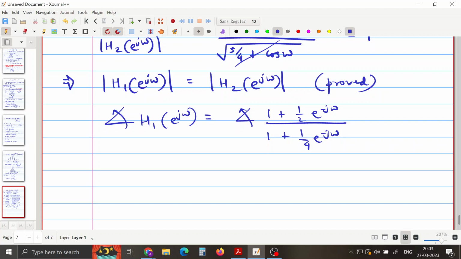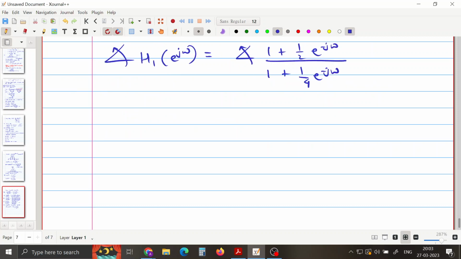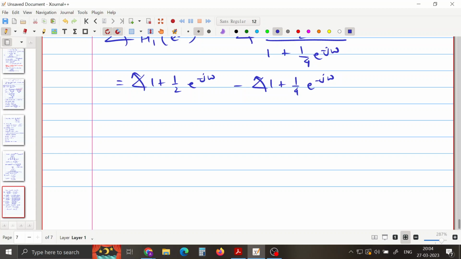Now because they are divided, the phases get subtracted. Again I am saying, if any step is not clear, you can just unmute and ask me.